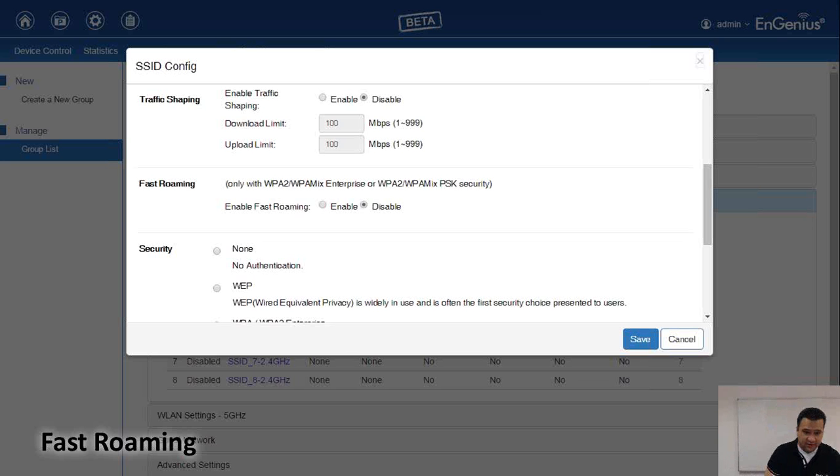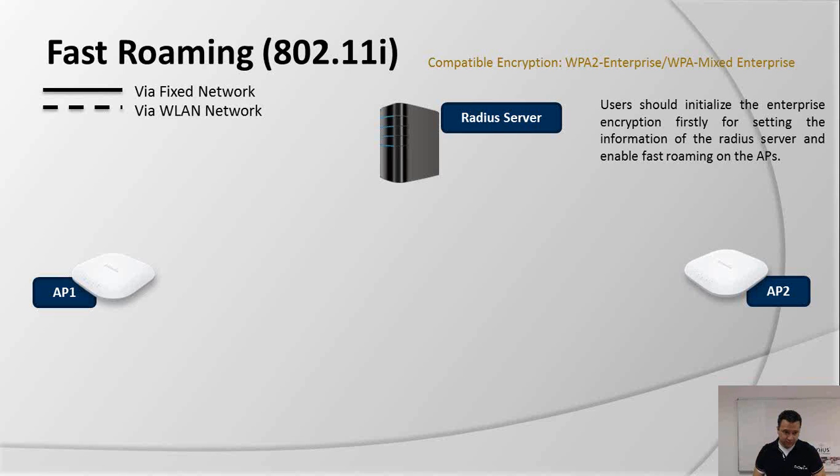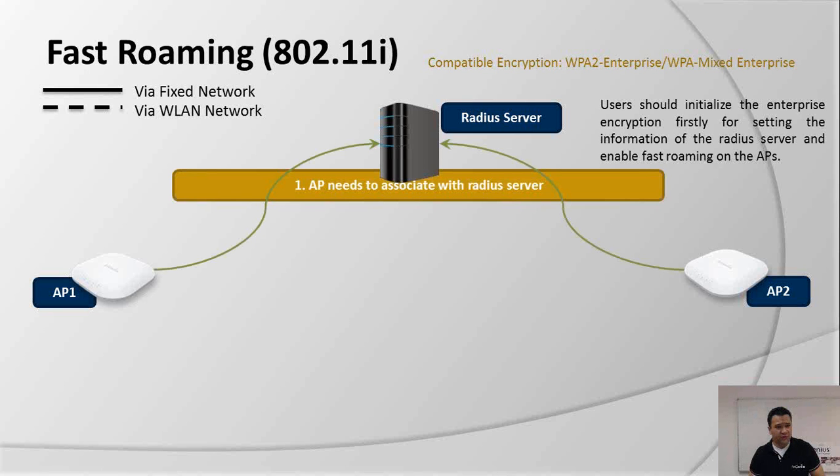Let me explain a little bit how this works. On the traditional one, like I said, the 802.11i, we need to have a RADIUS server, and the RADIUS server will authenticate the users inside the network. So first, the access point needs to associate with the RADIUS server.